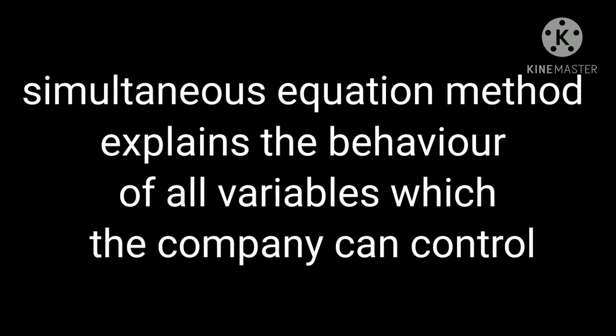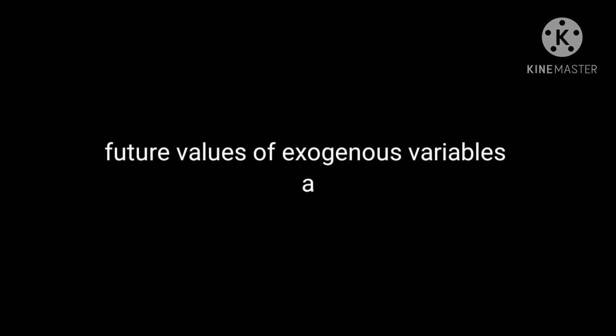So these are variables that are not affected by other variables. These variables are independent, and that is exogenous variable. Here in this simultaneous equation method, future values of exogenous variables are required to be estimated. The values of exogenous variables are supposed to be easier to predict than those of endogenous variables.